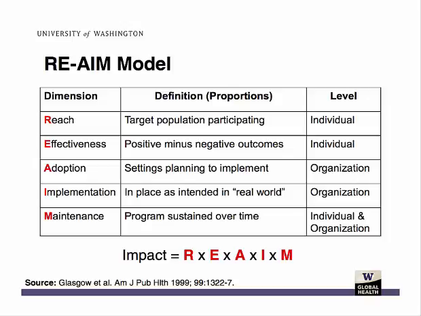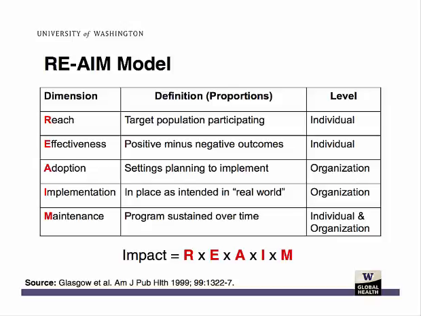Adoption is an organizational level measure referring to the proportion of settings or organizations that are planning and adopt the intervention for its implementation. Implementation is again another organizational level measure referring to how an intervention is put into place, and is it put into place as intended in a real-world setting? Are the core components implemented as intended?